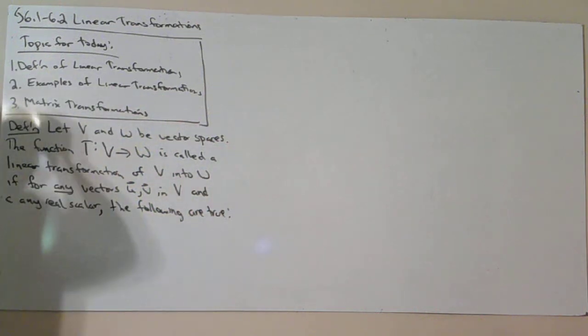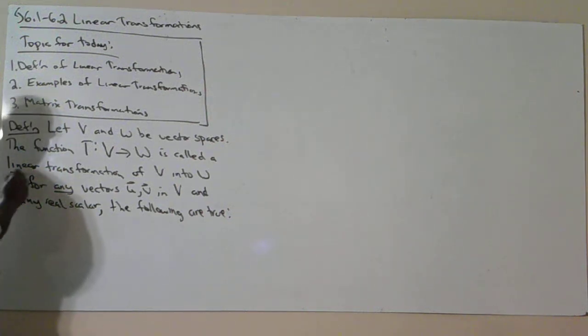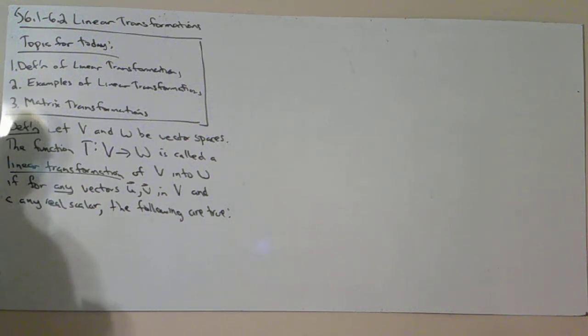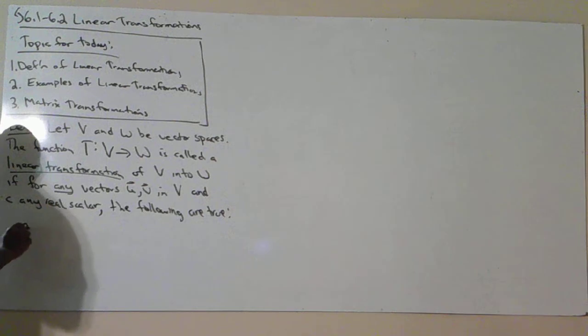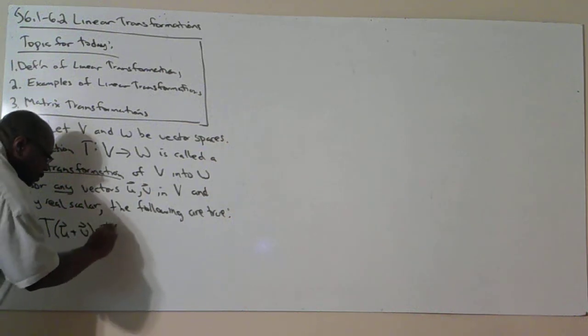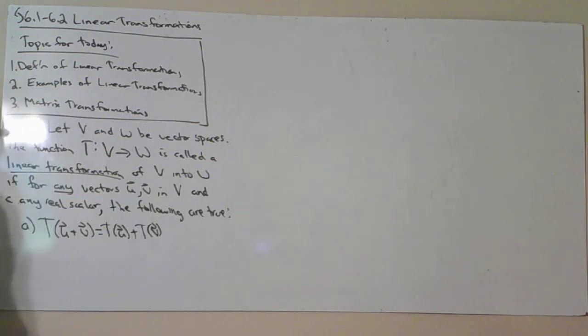Okay, so let V and W be vector spaces. The function T from V to W is called a linear transformation of V into W if for any vectors U and V in capital V, and C any real scalar, the following are true. And these are the two things that need to be true. A, T of U plus V is equal to T of U plus T of V. So you can essentially do the transformation of U and V separately and add them together.